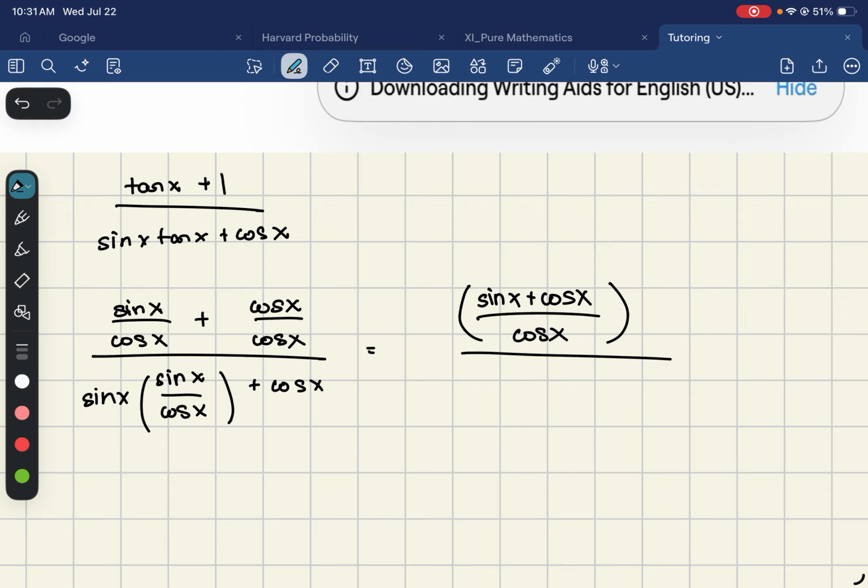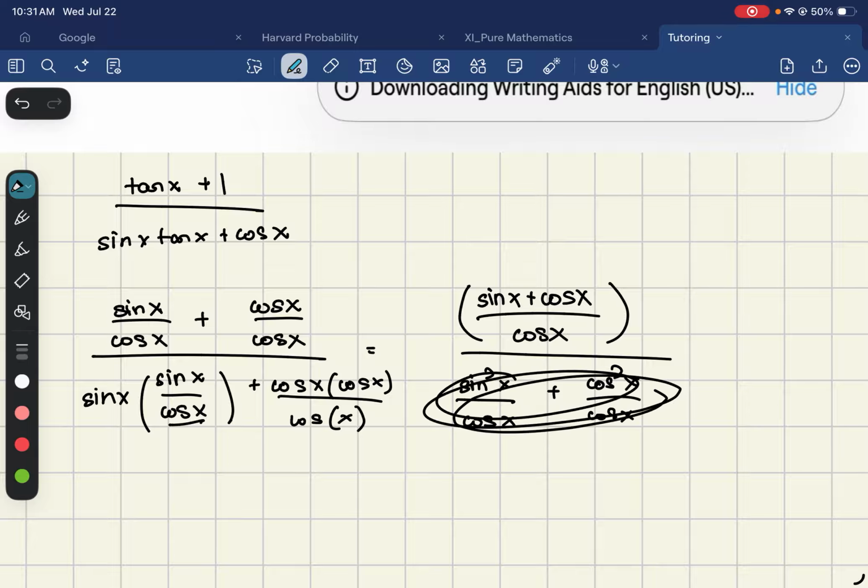So I multiplied and divided by cos x. And my denominator is sine squared x divided by cos x. And this term, if I want a common denominator of cos x, I have to multiply by cos x and I have to divide by cos x, right? So that gives me cos squared x divided by cos x.